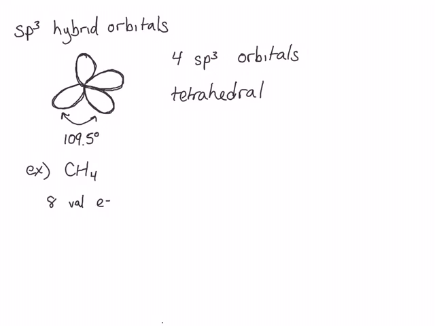We'll put the atom in the middle that can form the most bonds, that's going to be carbon. 4 single bonds to hydrogen, that uses our 8 valence electrons. This is our Lewis structure for methane. If we have 4 groups, they're going to be 109.5 degrees apart, and they're going to use sp3 hybrid orbitals.